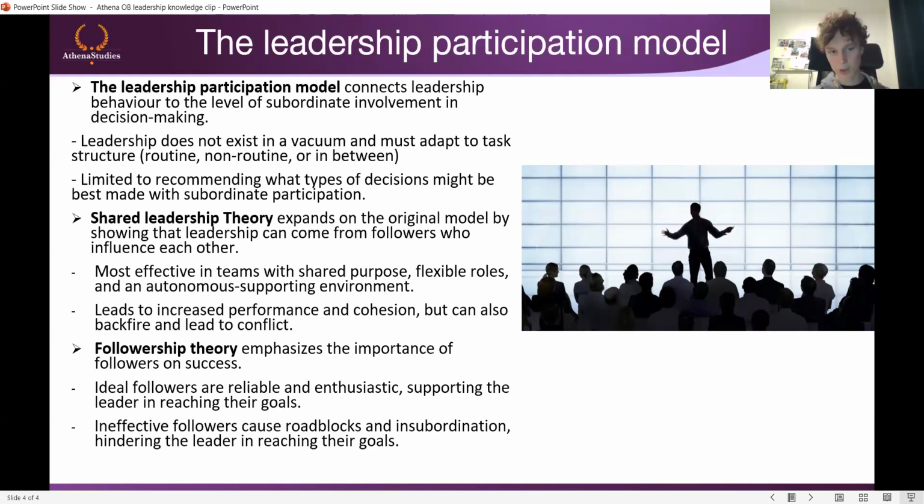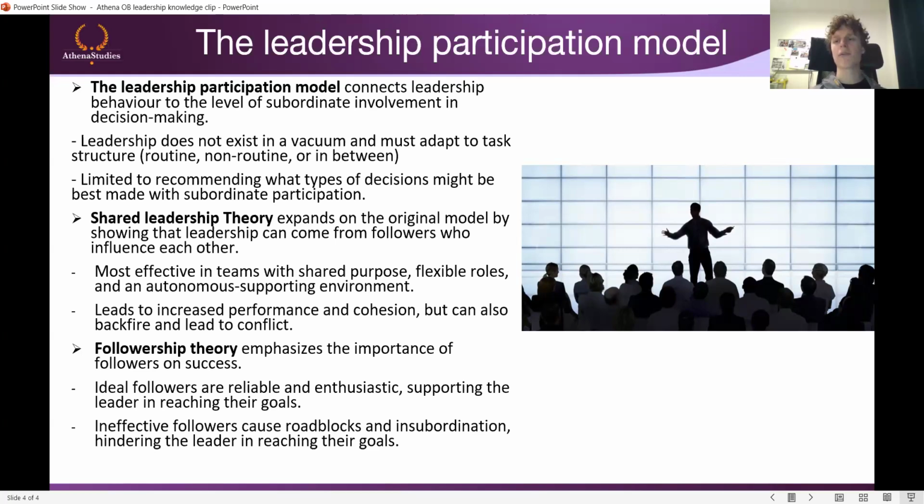And then lastly, the followership theory emphasizes the importance of followers in success. It states that you have ideal followers that will support the leader in reaching their goals, and they are reliable and enthusiastic. So they elevate the leader and increase their performance.